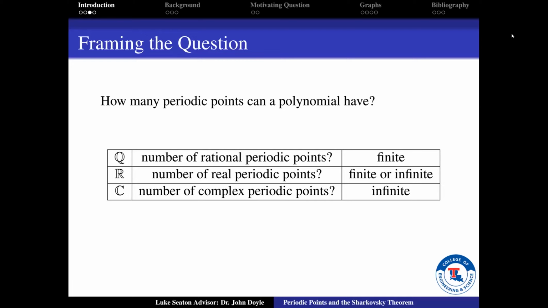And for complex, there's always an infinite number of periodic points. But when you look at the number of real periodic points, it can be either finite or infinite. And that was interesting to me. So I looked into Sharkovsky's work, and he tackles the real periodic points. We are going to assume the polynomials we're looking at have degree greater than or equal to 2, because degrees 0 or 1 are going to act differently.